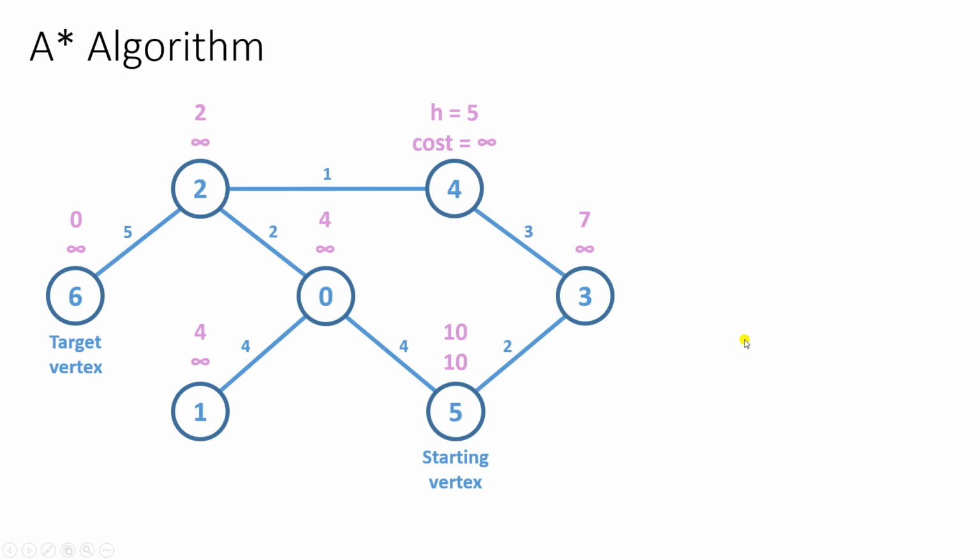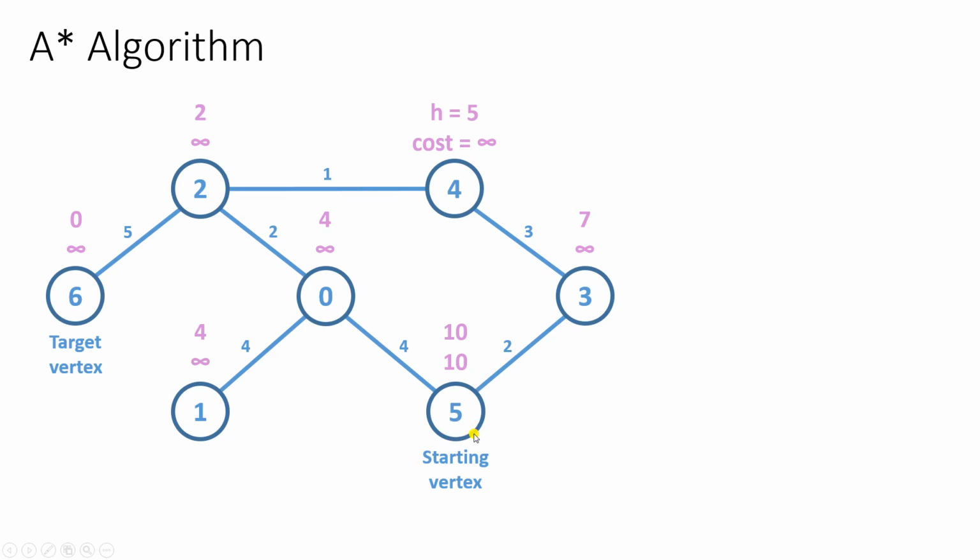Our target vertex, as usual, is marked as 6, and the starting vertex is marked as 5, with an assigned cost of 10. This total cost of 10 equals the heuristic value of 10, which means its total cost is not dependent on any edges preceding it, because it is the starting vertex and cannot have any edges leading to it. The story starts with it.